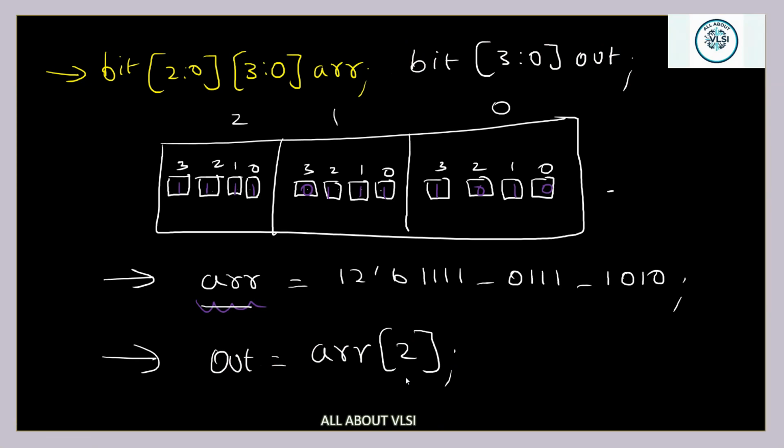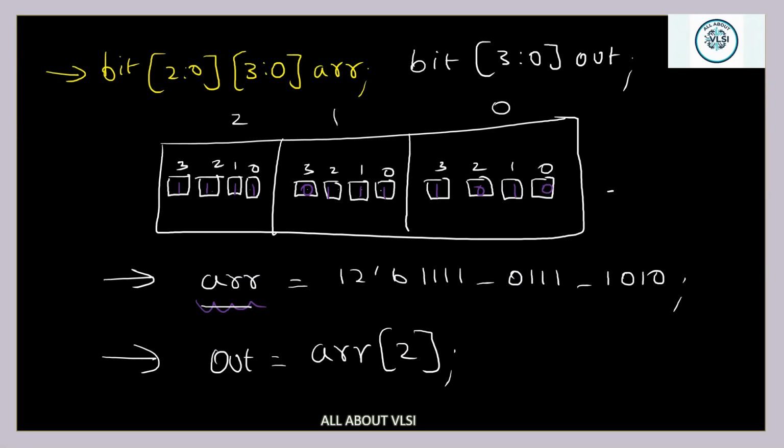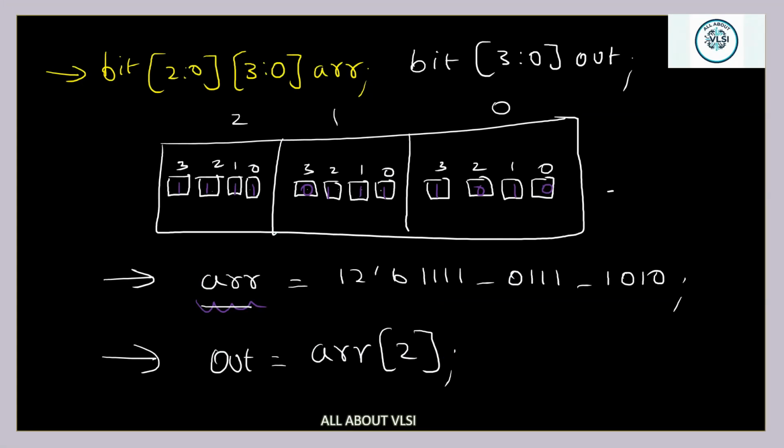If I display the value of out, what will be the value that is going to be displayed? I'm waiting for your responses. Just give it a try. What is the value of out that is going to be displayed?